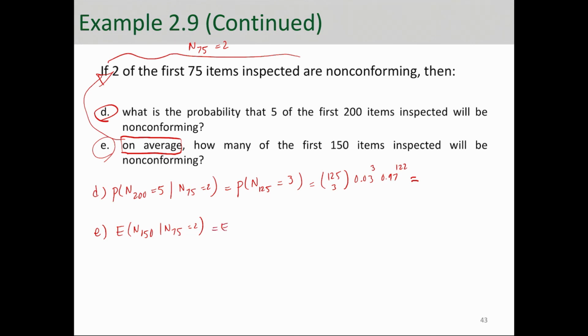So we're essentially looking for the expected value of N75, but you would have to add the 2 successes that you already got in the first 75. So that is n times p plus 2. That is 75 times 0.03 plus 2. That is 4.25 successes on average.